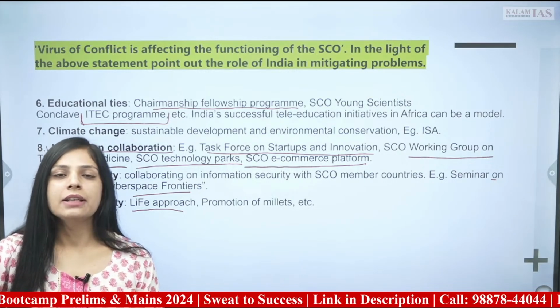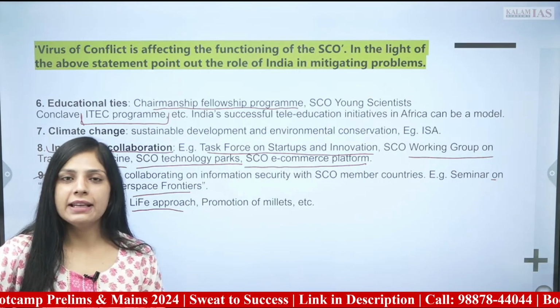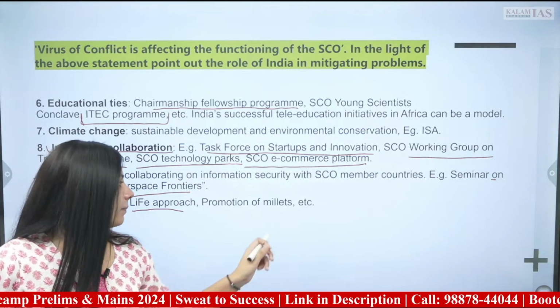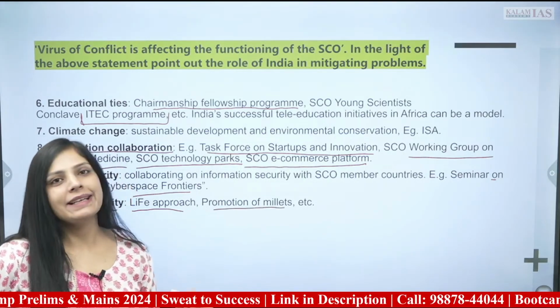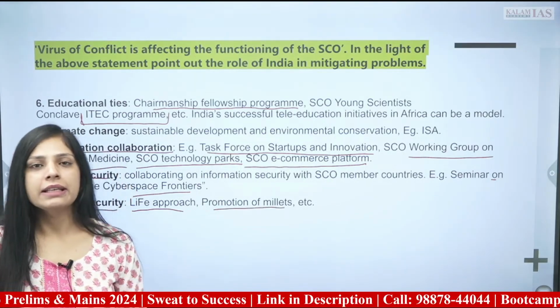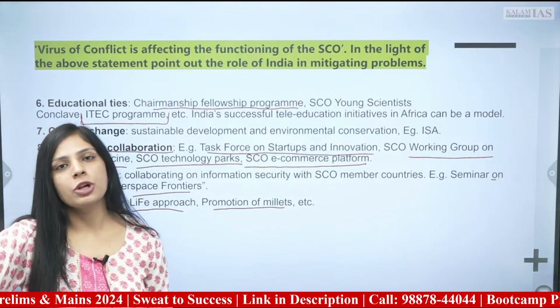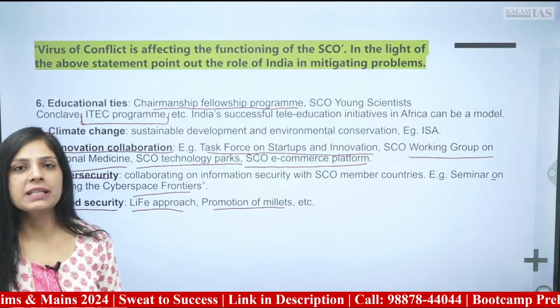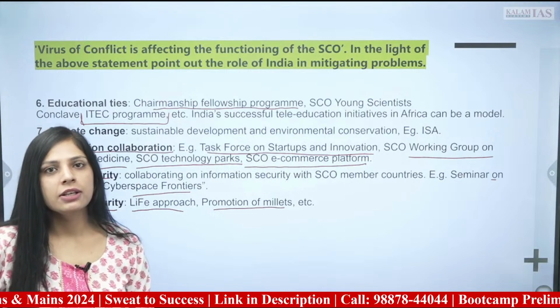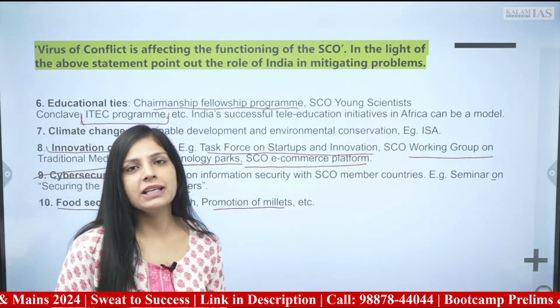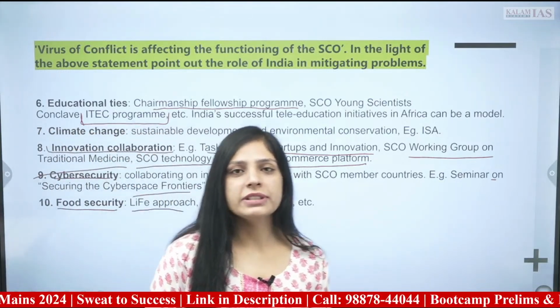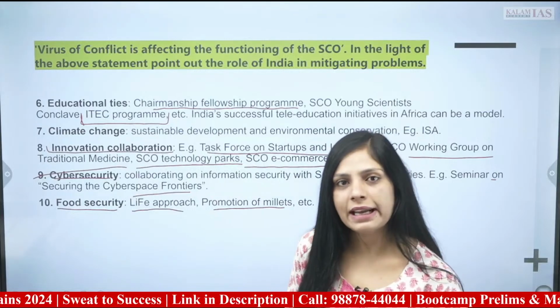So it can help other nations as well. Promotion of millets: India is actively promoting millets. The year 2023 is also declared the Year of Millets by the United Nations. So India is playing a major role towards food security as well, right?